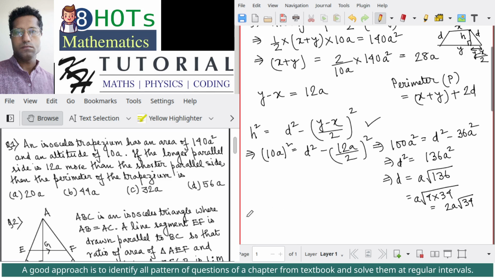So the perimeter will be equal to x plus y plus twice of d. x plus y we have already found to be 28a, and twice of d will be 4a root over 34. While I was designing the problem, I had in my mind that d would come out to be 8a.